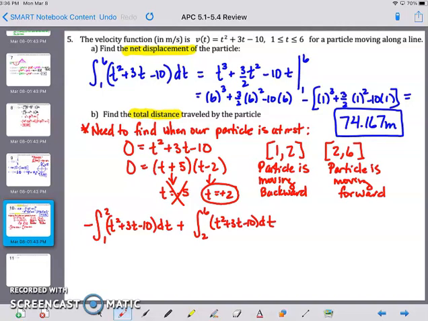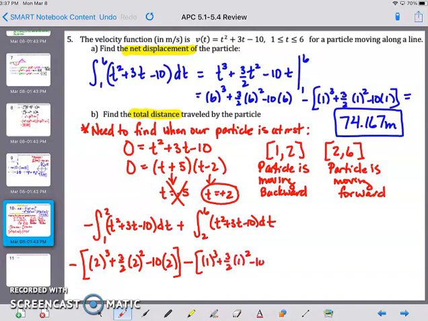So I can go ahead and plug those numbers in. And when I do that, again, I'm going to have this negative out in front here. And again, for the first integral, it is going to be 2 cubed plus 3/2 times 2 squared minus 10 times 2, minus 1 cubed plus 3/2 times 1 squared minus 10 times 1, okay?